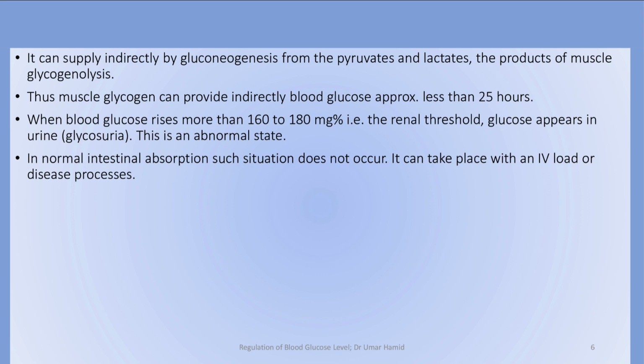When blood glucose rises more than 160 to 180 mg per deciliter, that is the renal threshold, glucose appears in urine, glycosuria. This is an abnormal state. In normal intestinal absorption, such a situation does not occur. It can take place with foreload or disease processes.